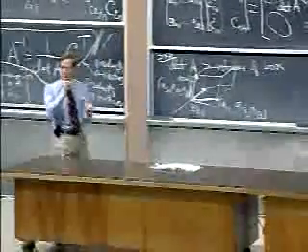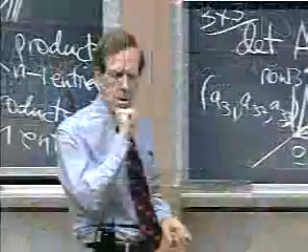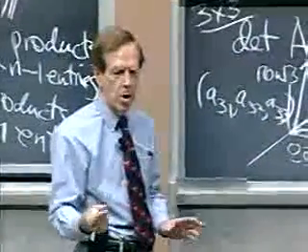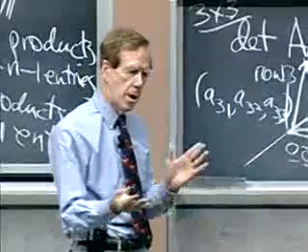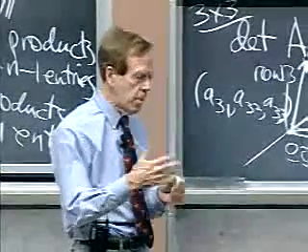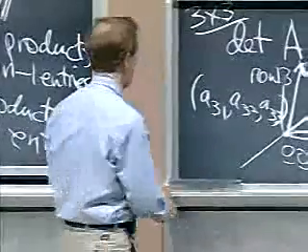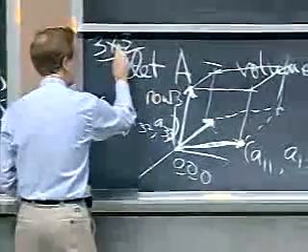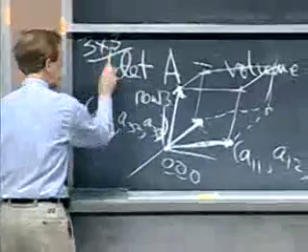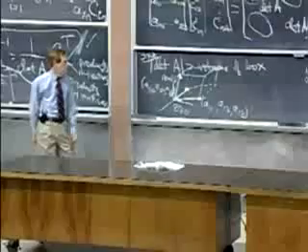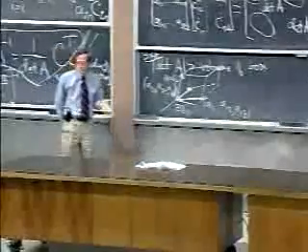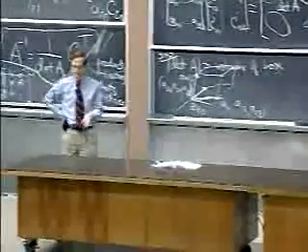Now, it's possible that the determinant is negative. So we have to say what's going on in that case. If the determinant is negative, then if we think of volume as positive, we should take the absolute value of the determinant. But the sign of the determinant must tell us something.